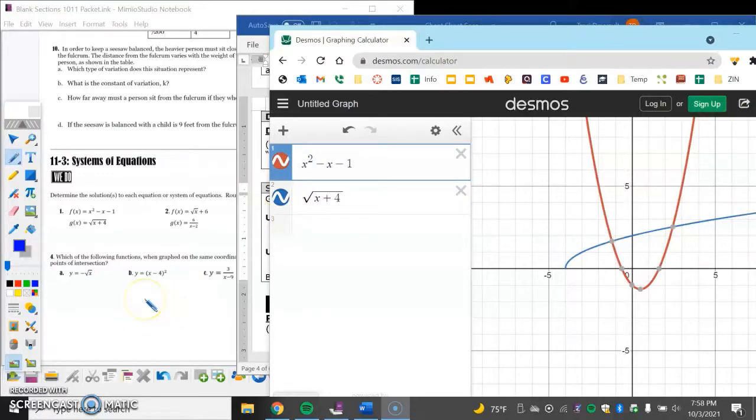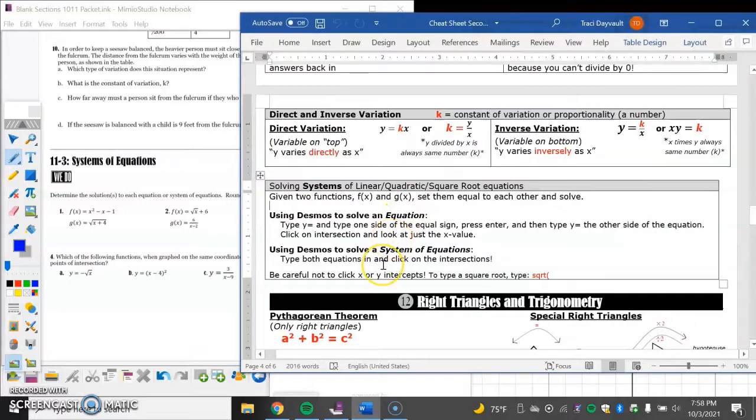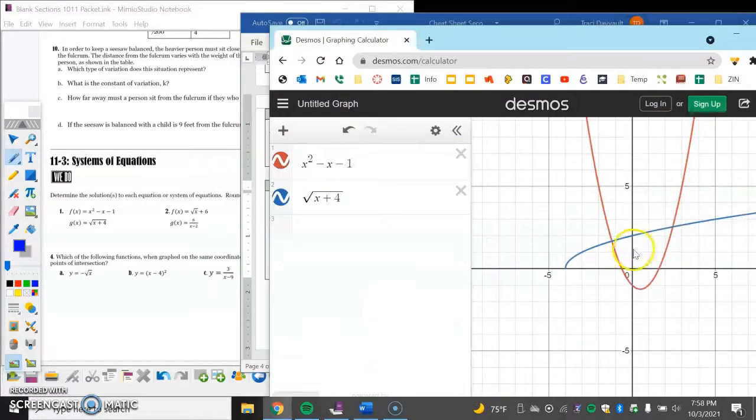And we're going to click on the intersections, but I made a note to be careful not to click on the x or y intercepts, because there is going to be a point that comes up that is the x and y intercepts.